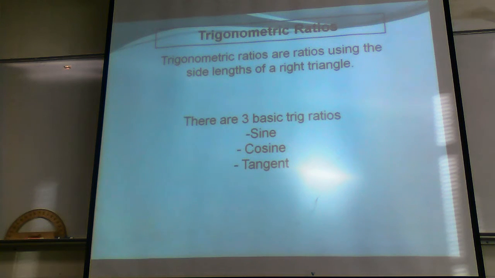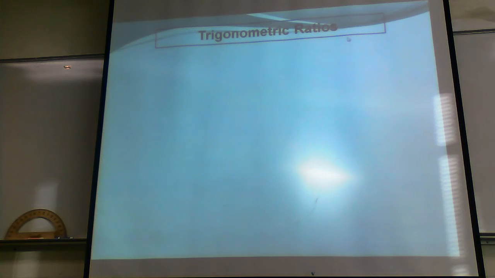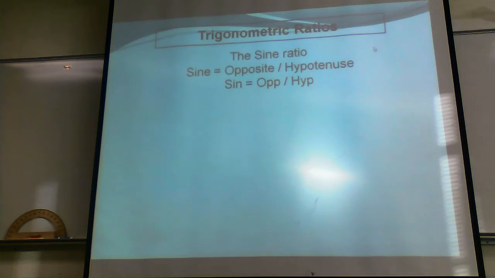All right? Now, these three right here, by definition, the way these go, and all the words that are going to be up here are all in relation to an acute angle in a right triangle.